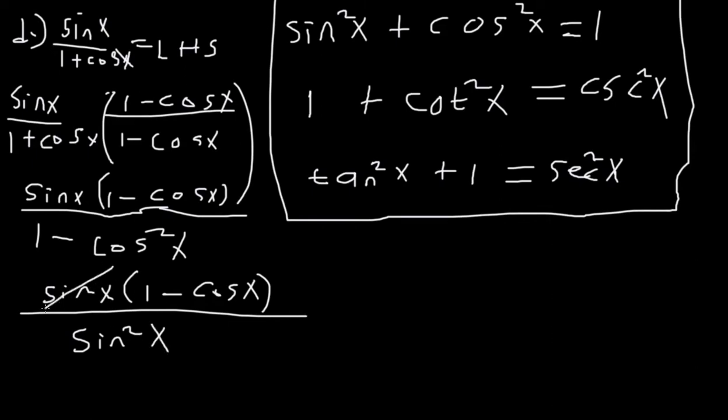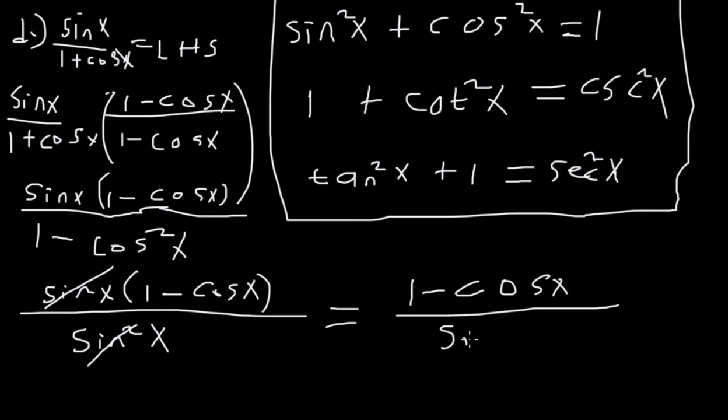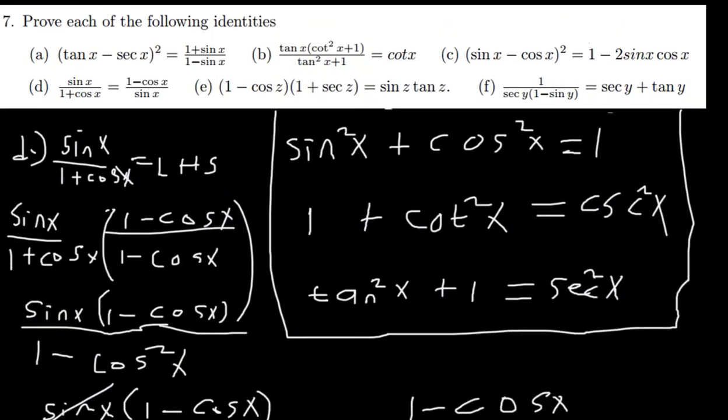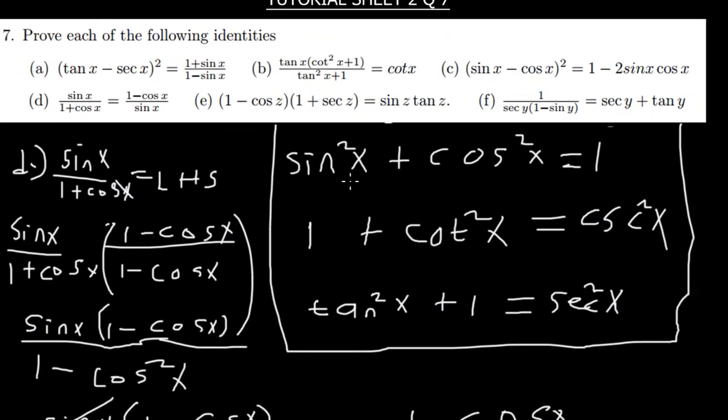One sine cancels with one sine, and hence I remain with 1 minus cos x, all divided by sine x. And I've found the answer. This is the answer here, so you write down hence proved.